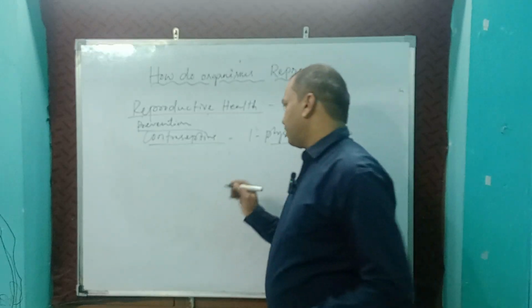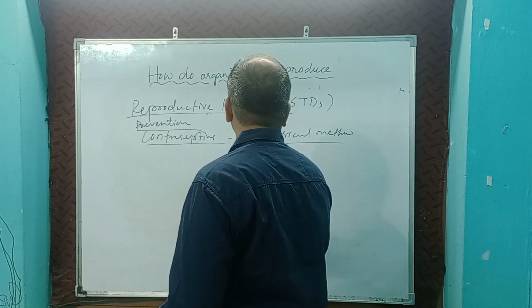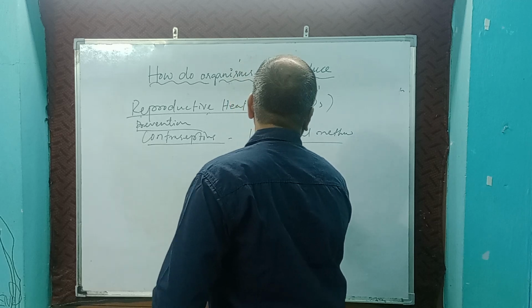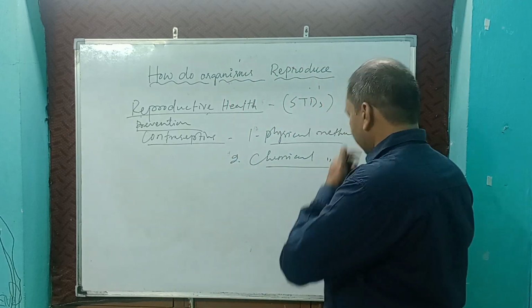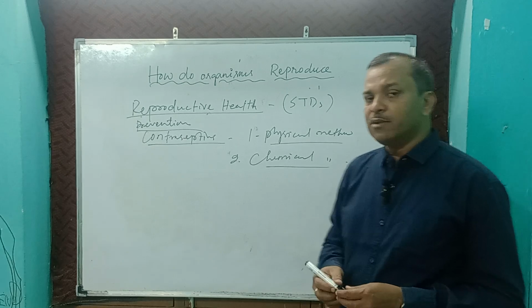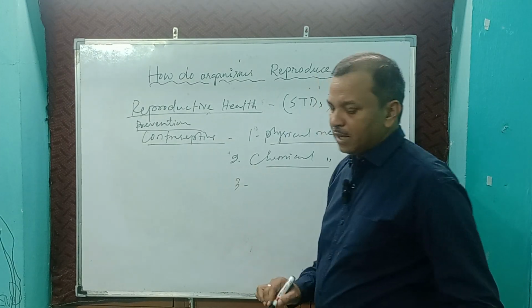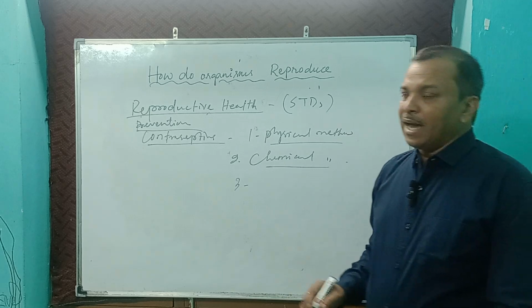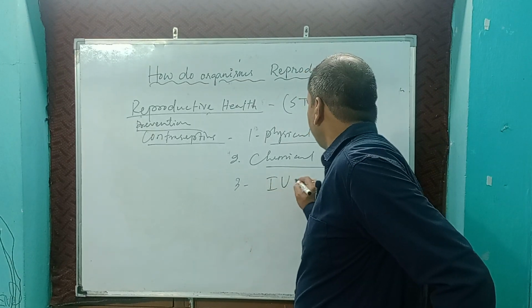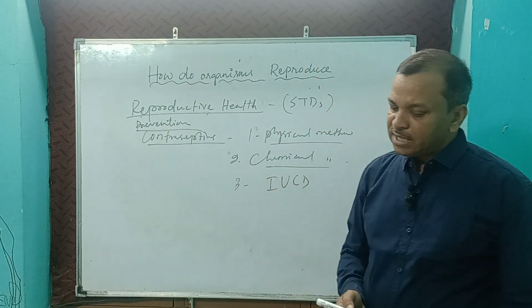Next one is the chemical method. In the chemical method, what are we using? We can use oral pills. Third one is IUCD. What is IUCD?